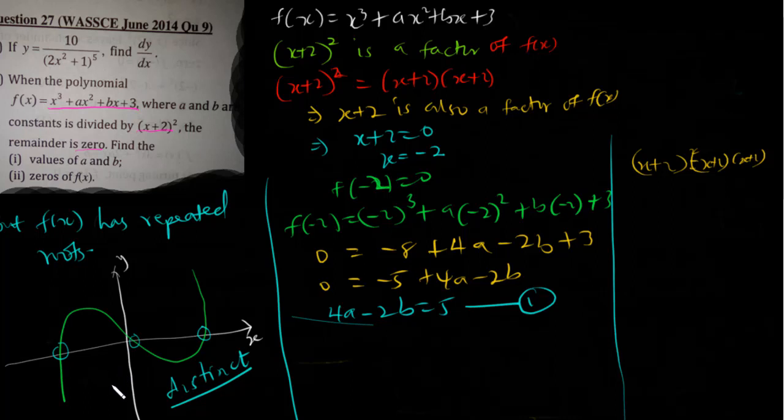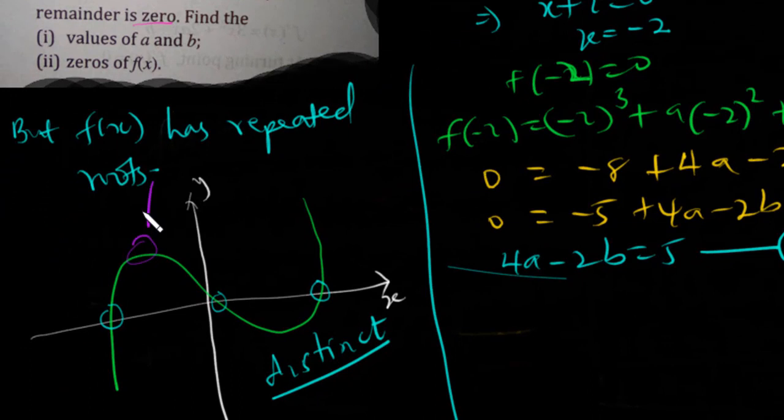Now I'm trying to say this again. If you look at this curve that we have here, any cubic curve has got 2 turning points. This part is called a turning point here, and here too is called a turning point. This one turning upward there, we call it the maximum turning point, and this one turning down here is called the minimum turning point. So do you know the point at which the curve turns?